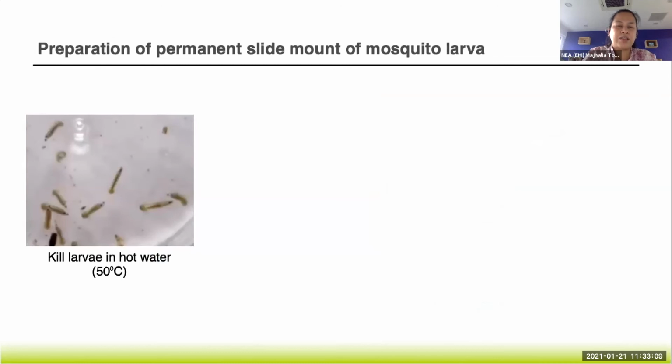So there will be this extension of the neck, and also the sample will darken through time. But when you use just the 50 degrees centigrade hot water, then you have a nice sample that is not distended, and is a good example of your specimen. Formalin.